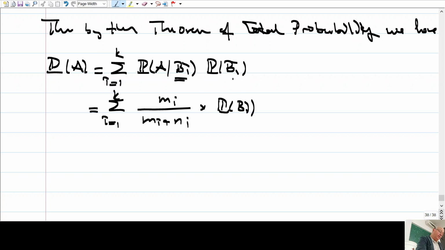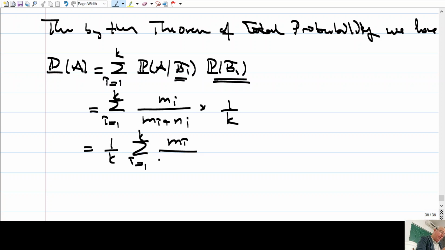And what is the probability of taking the ith urn? Well, we have k urns, U1 up to Uk, and picking an urn has equal probability for each of them. Therefore, this is just 1 over k. So this thing is just 1 over k times the sum over i from 1 up to k of mi over mi plus ni.